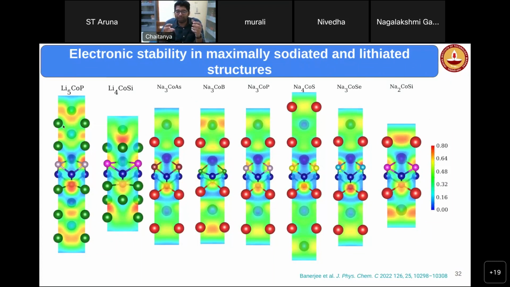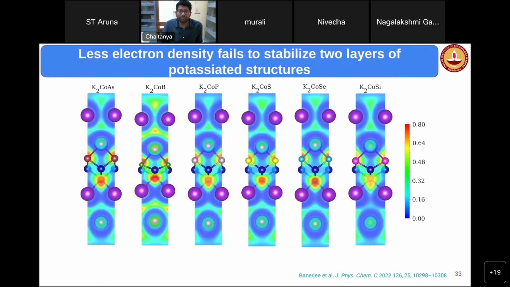So between these ions, there is some electron cloud to stabilize in the cases of lithium and sodium. Whereas if you consider potassium, there is no electron cloud between these two, suggesting a strong repulsion, which prevents it from absorbing further. This is the major reason for potassium being able to absorb only up to one layer, and this is our interpretation at least.